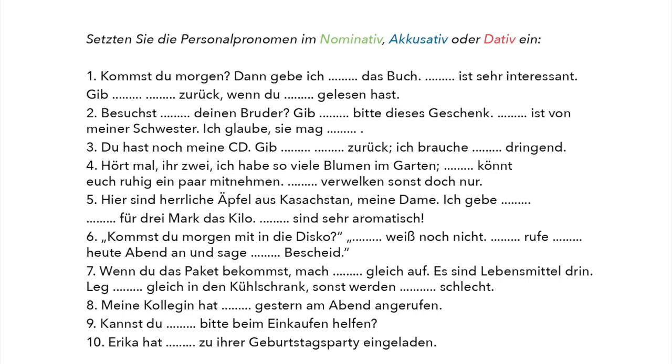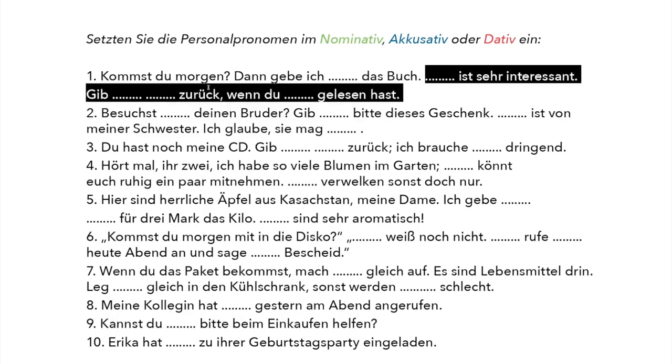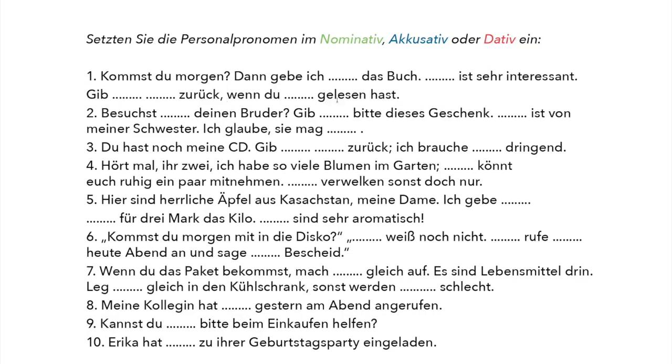The exercise is the same, but however we have here questions, we have syntaxes, we have connected sentences, so ein Hauptsatz und ein Nebensatz. We're gonna see this a little bit later, but you see you can learn a bunch of stuff just by writing, reading and analyzing the exercises. So the logic of the exercise is the same. We have to apply the personal pronoun in nominative, accusative or dative in the gaps.